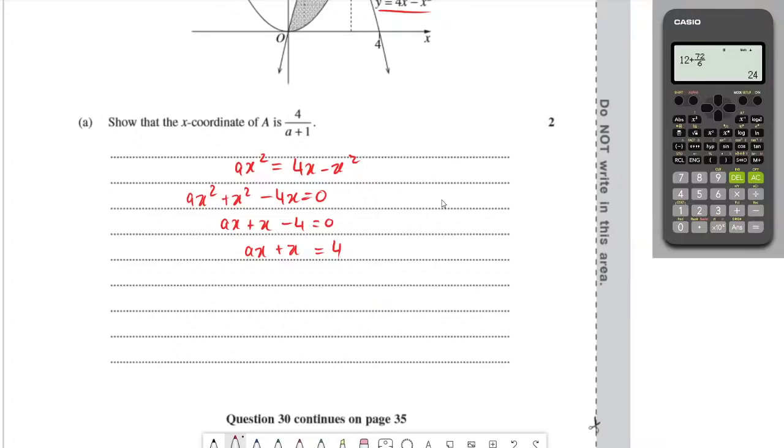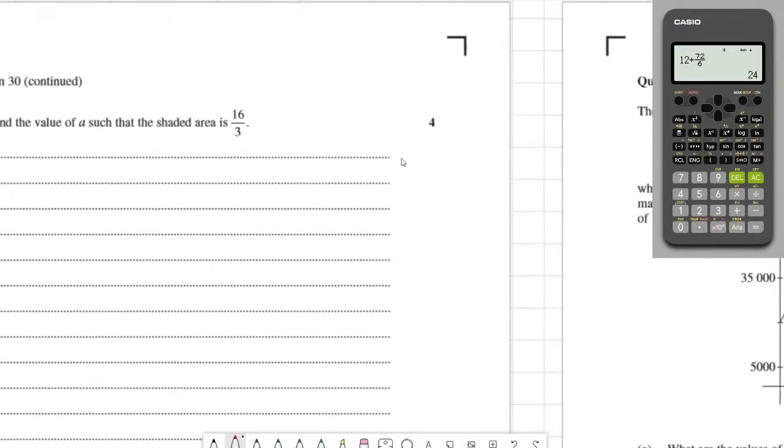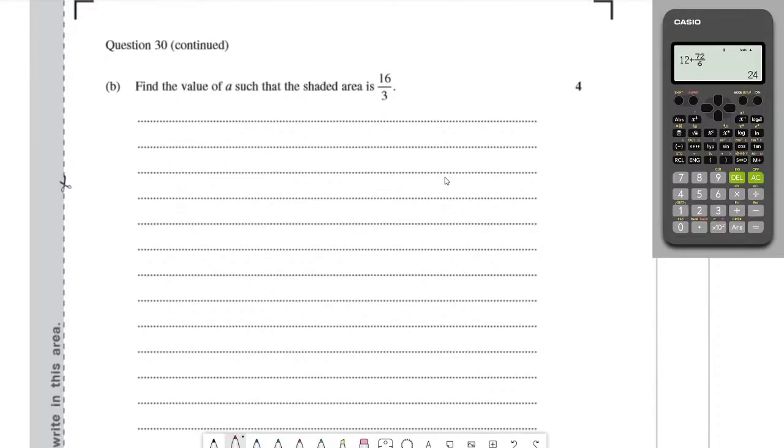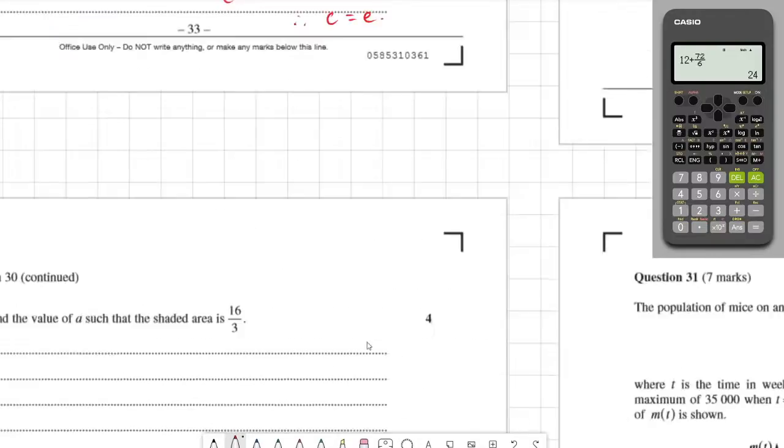Then from here, take a factor of x out, get x times (a plus 1) is equal to 4, and then divide by a plus 1. So we get x is equal to 4 over a plus 1. Well, that's convenient. Alright, continues on the next page. Find the value of a such that the shaded area is 16 on 3.